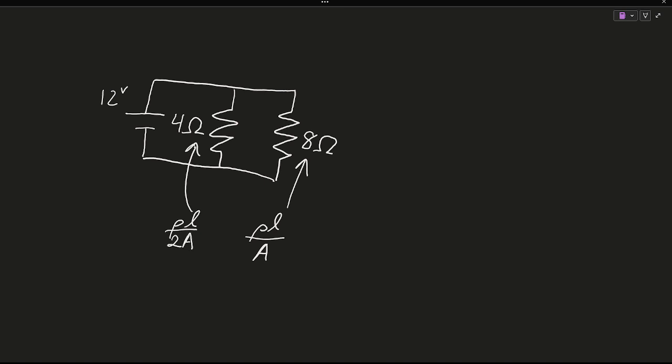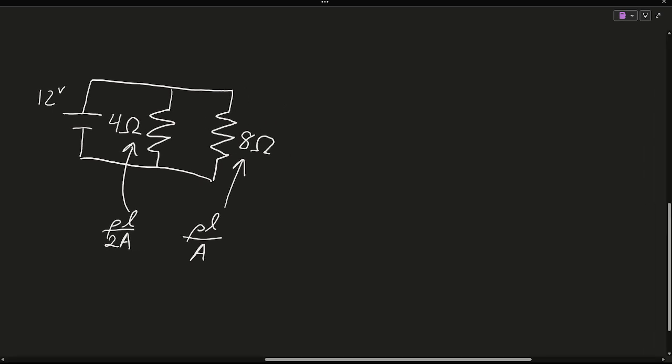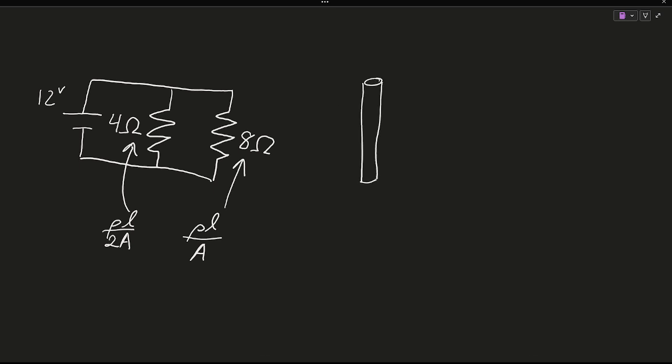So now, when we combine these 2 resistors, what we're effectively doing is just adding up their area, right? Because right now what we have is a little resistor like this, with resistivity rho and length L and area A. And then we have a bigger resistor like this, same length, same material. I'm just going to stick them side by side. So now we have a resistor with same resistivity, same length, but 3 times the area.